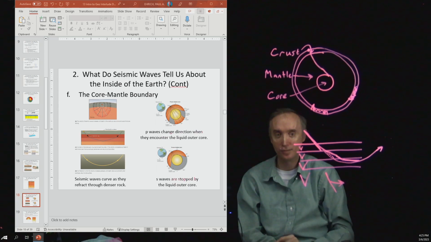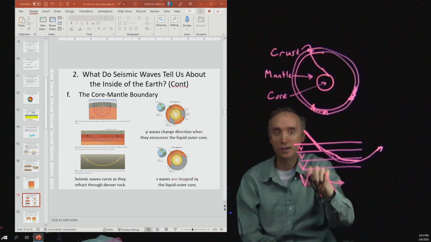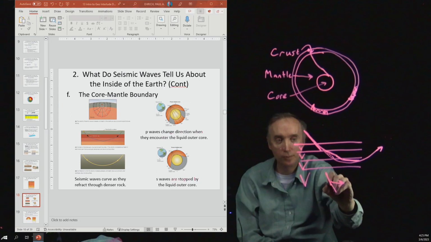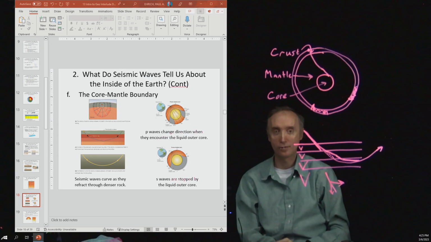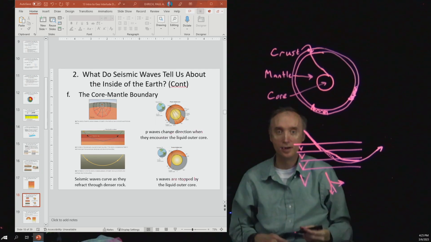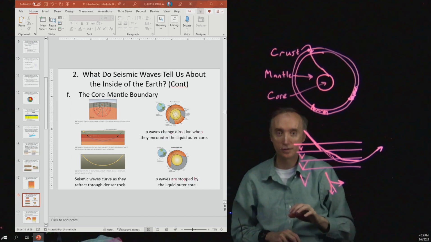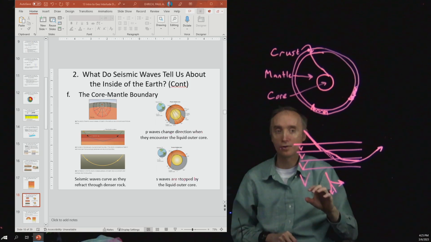But this time, they're slowing down as they go into the liquid core, and that means that they're bending in this direction. So look very carefully at what the earthquake waves are doing when they enter into that yellow area. That's the outer core, which is liquid.